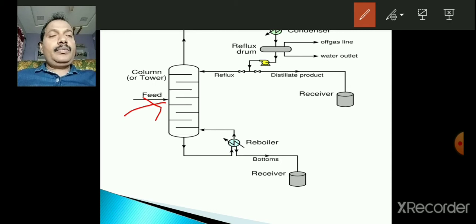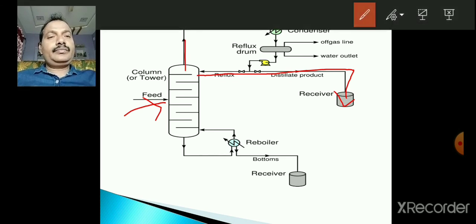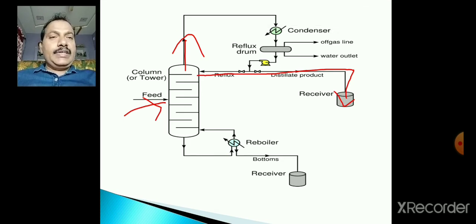From the top of the distillation column, a product is separated and collected here, and at the same time this top vapor is directed towards the condenser, which will condense the vapor into fluid, and that fluid is collected in the reflux drum.